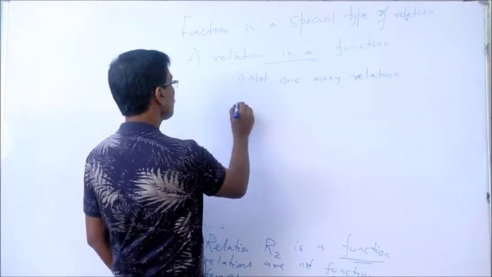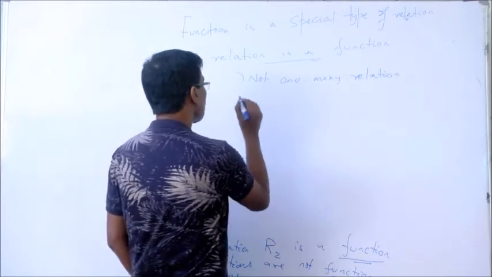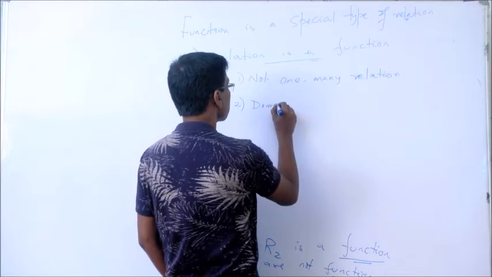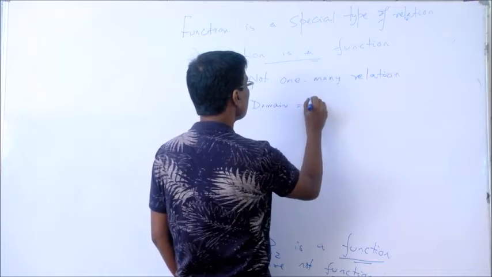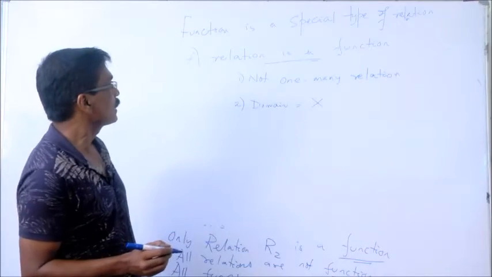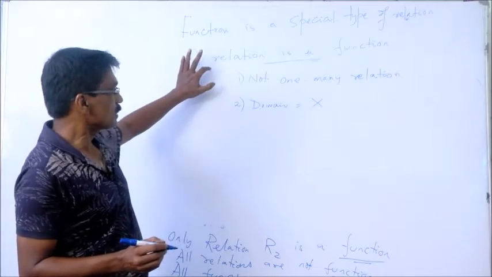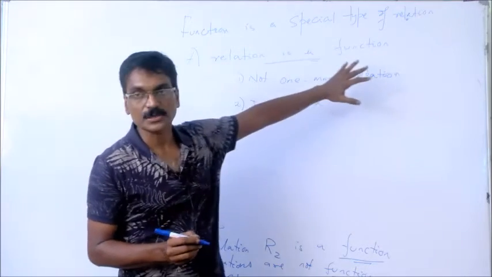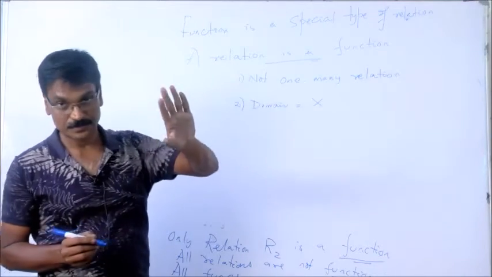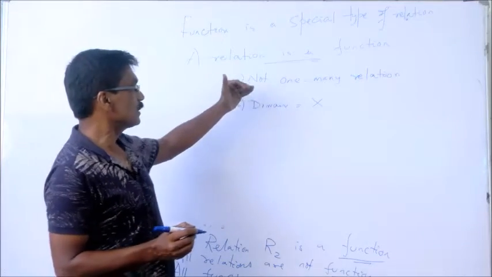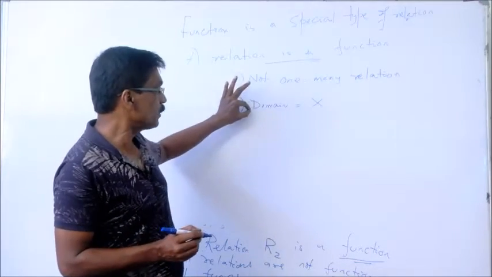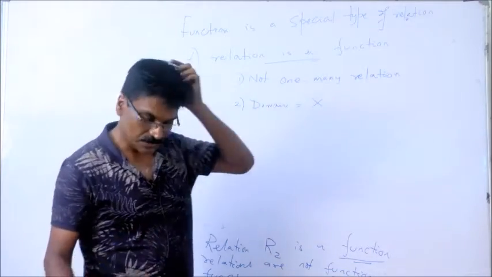Second condition, domain must be equal to the x set. So, for a relation to be a function, it must satisfy these two conditions: it is not a one-many relation, and domain should be equal to the x set.